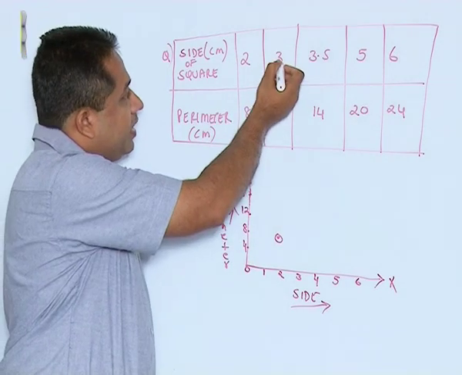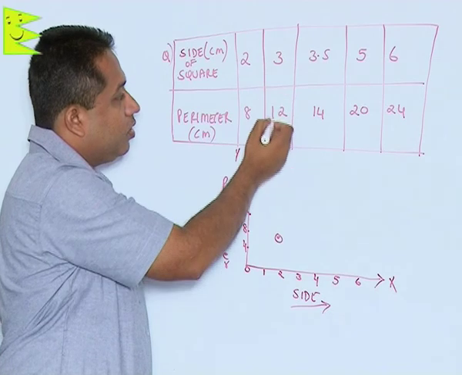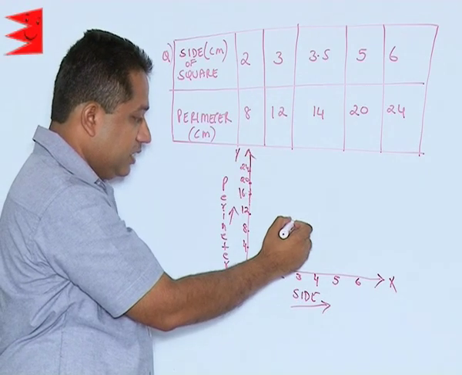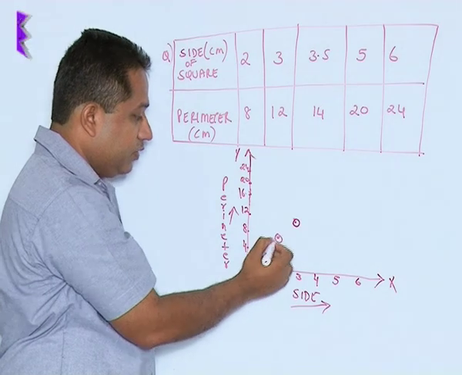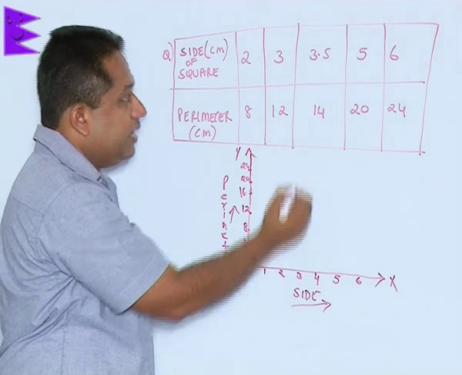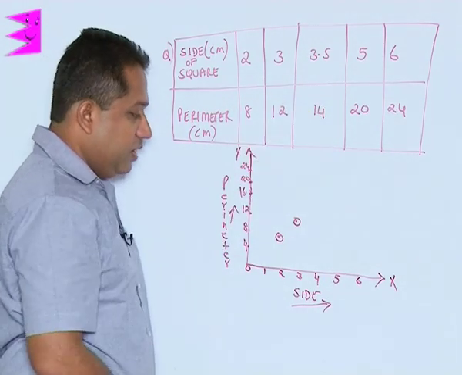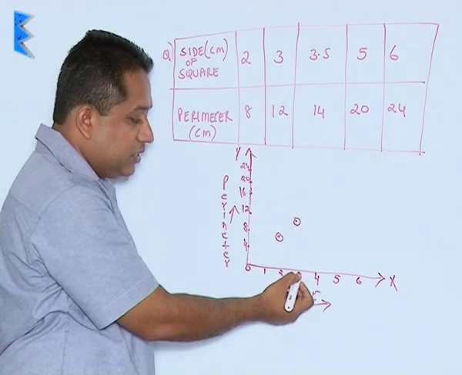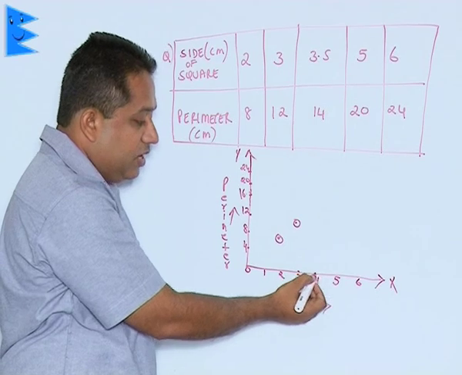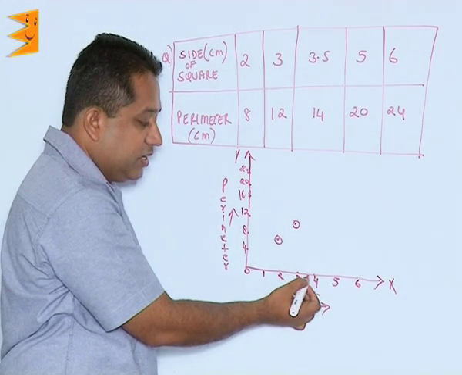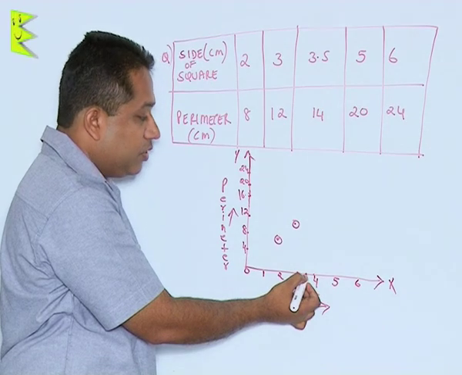Next, 3 and 12. So, ordered pair, x is 3, y is 12. So, 3 and 12 indicates the point will be here. So, the first point was 2, 8, next is 3, 12. Next is 3.5 and 14. Now, 3.5 means that point will lie between 3 and 4. In fact, it is the midpoint of 3 and 4. So, you have 10 divisions here. The fifth division will correspond to 3.5.